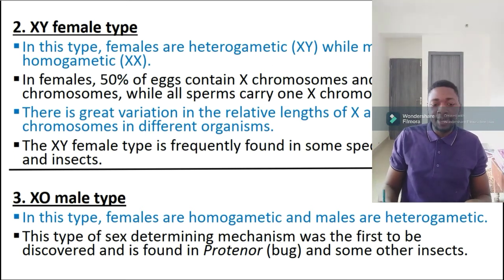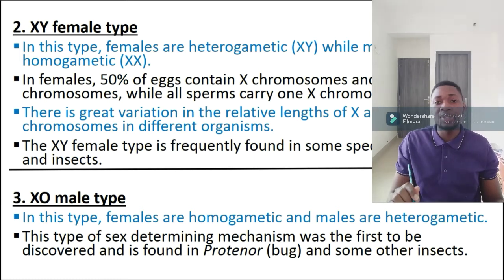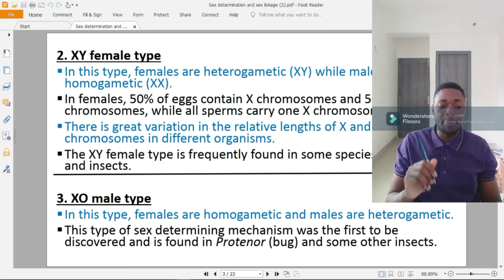There is great variation in the relative length of X and Y chromosomes in different organisms. I was still saying the XY female type is frequently found in some species of birds, fish and insects, as I said before.